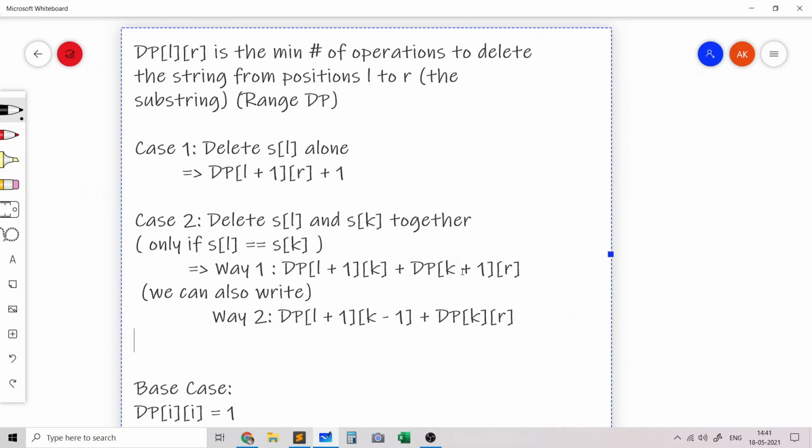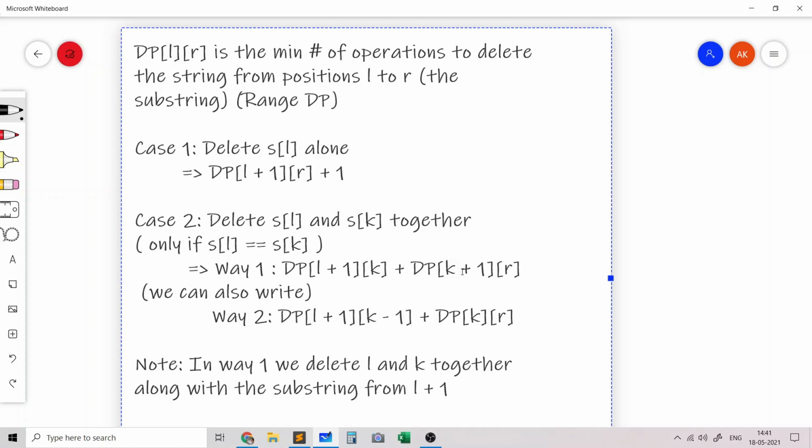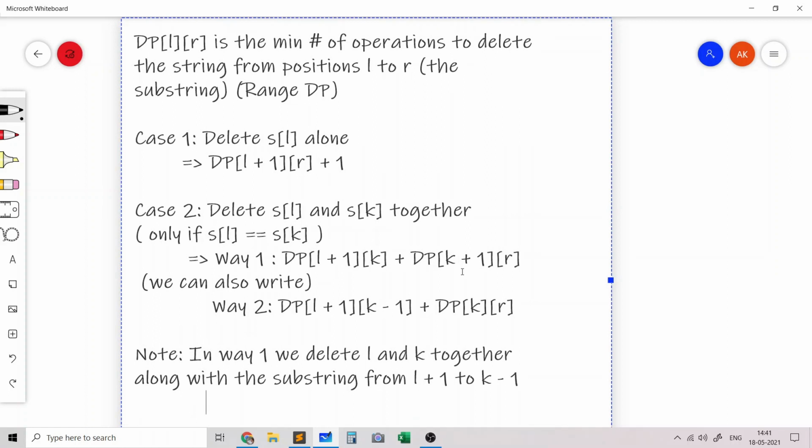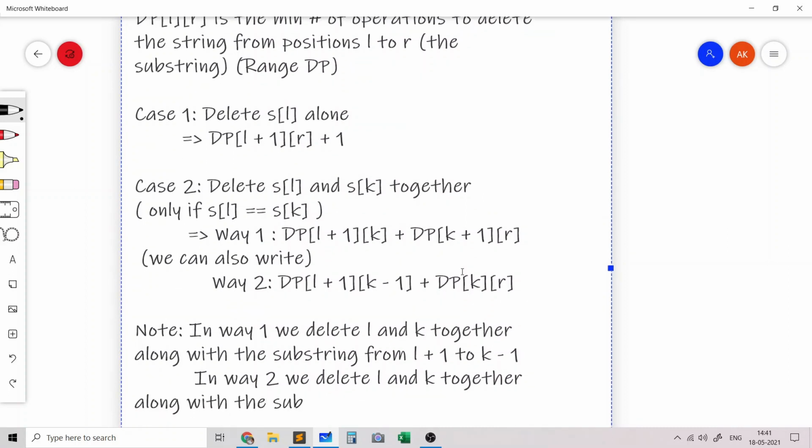It's important to note that in way 1 we delete L and K together along with the substring from L plus 1 to K minus 1, and in way 2 we delete L and K together along with the substring from K plus 1 to R instead.